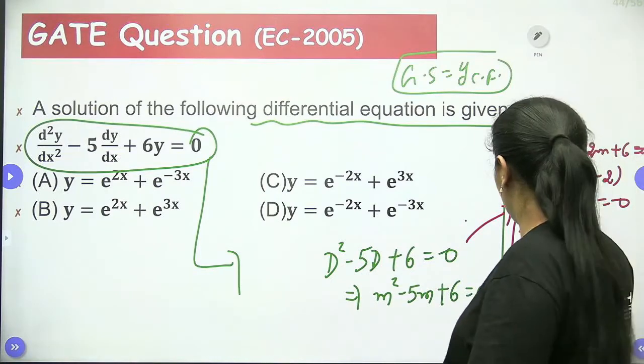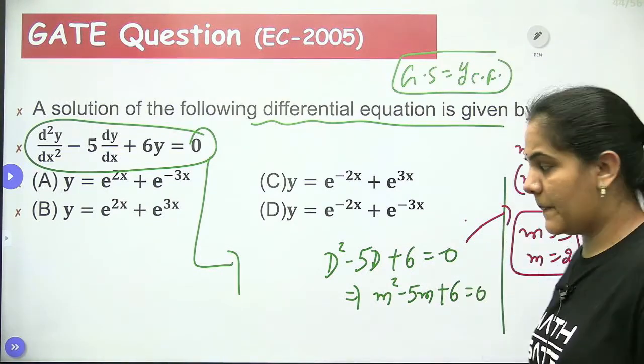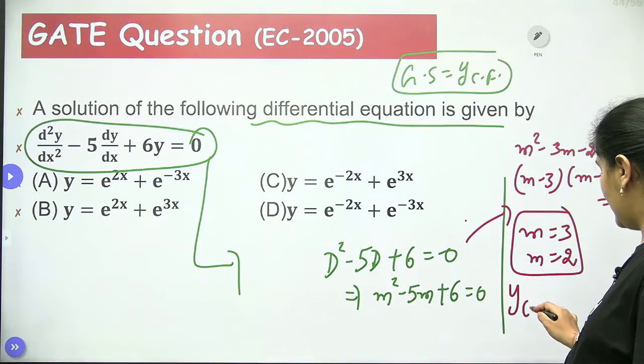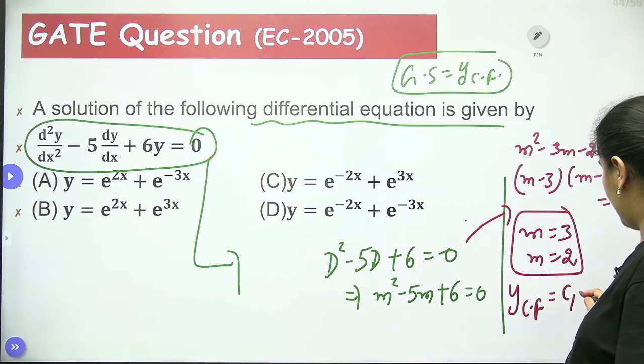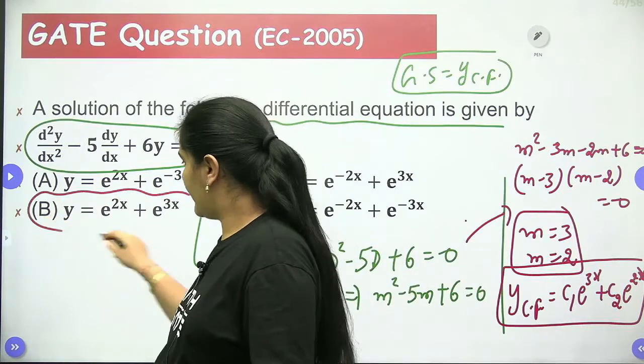It means we have real and different roots. The solution will be c1 e to the power 3x plus c2 e to the power 2x only. So this will be my final answer.